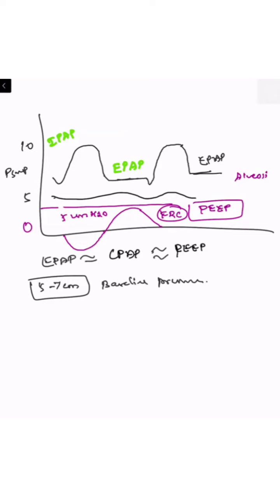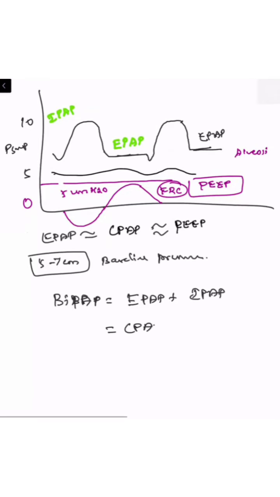So we can simply say PEEP is equal to CPAP, CPAP is equal to EPAP. So BiPAP is nothing but providing both EPAP plus IPAP. So we can substitute EPAP with CPAP and IPAP with pressure support.